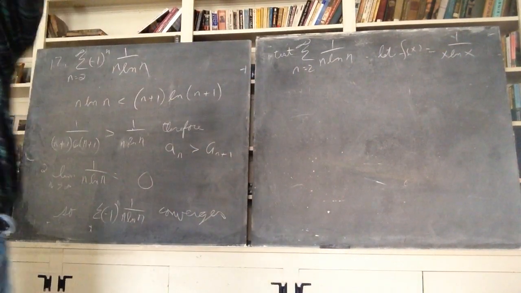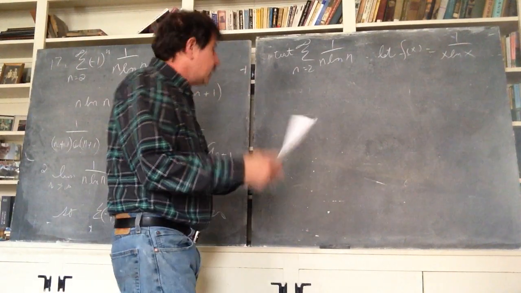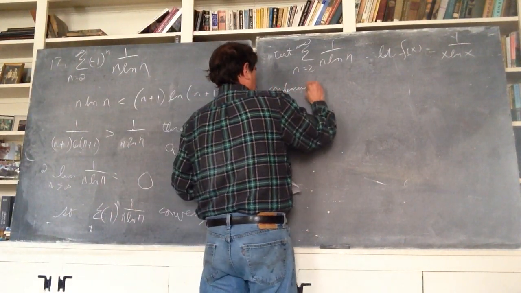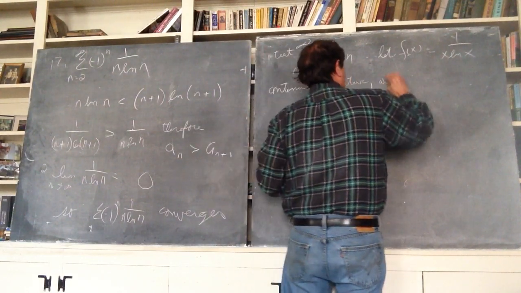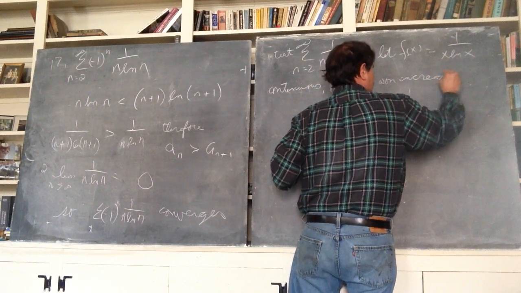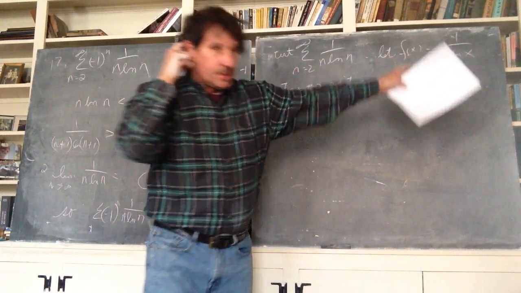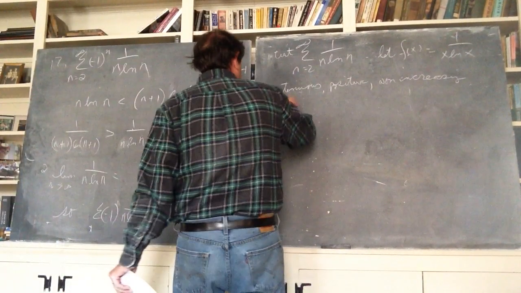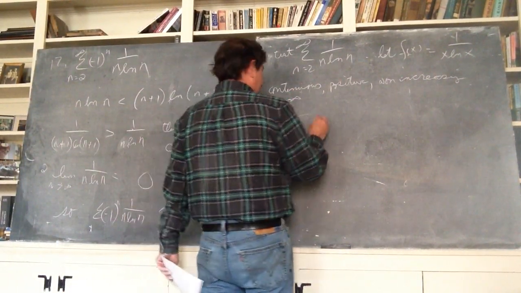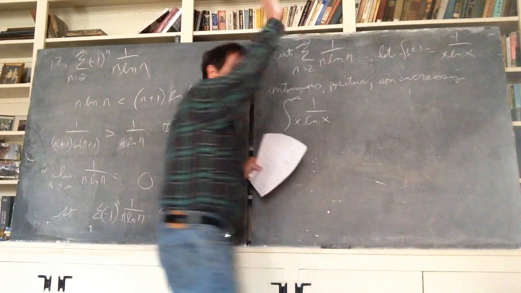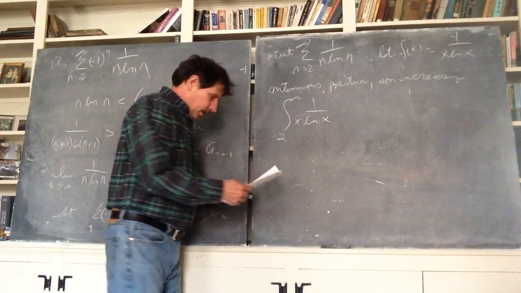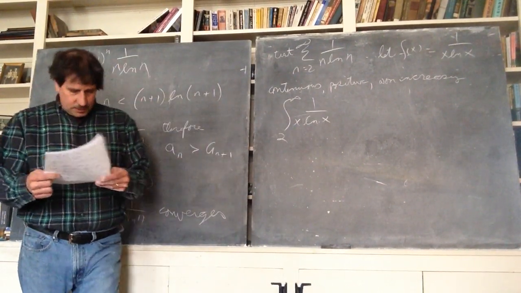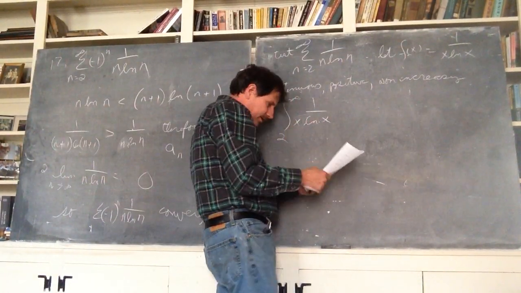Then clearly it meets the 3 requirements: it is continuous, positive, and non-increasing. That's why I'm using the integral test, because the function meets those 3 requirements. So now I'm integrating this function from 2 to infinity. You may recognize that. Use u substitution: let u equal ln of x, and du then is 1 over x dx.